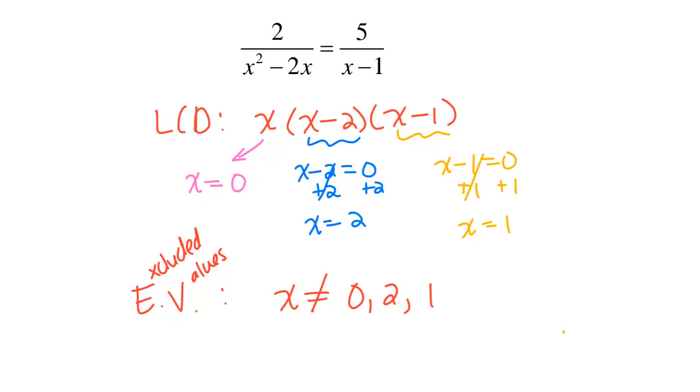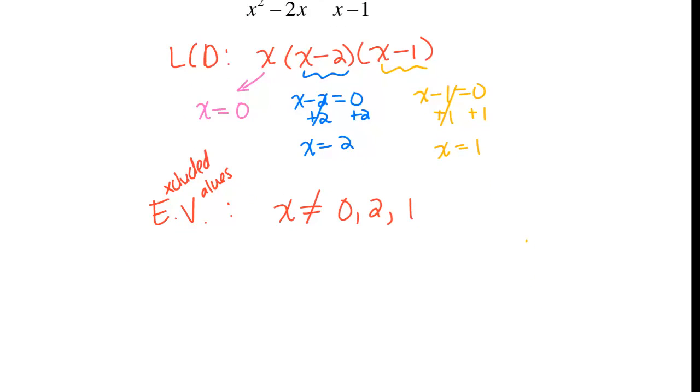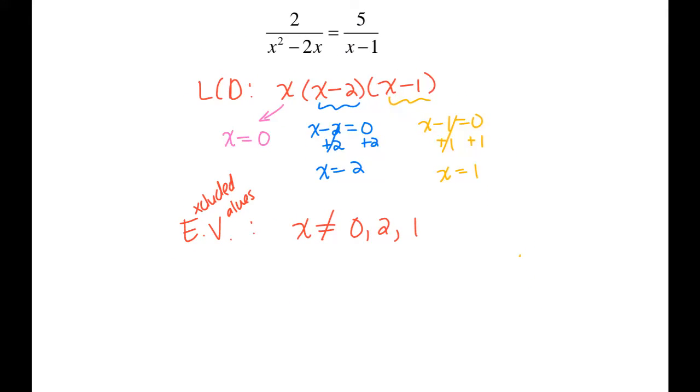Those would be creating a 0 in the denominator, so I have to exclude them from my final solution.